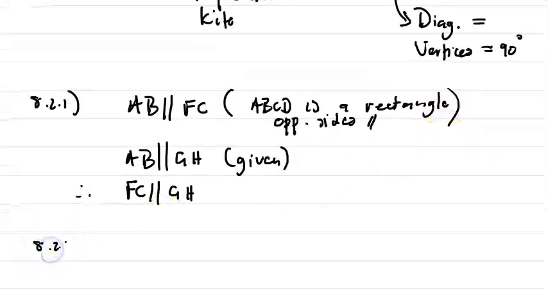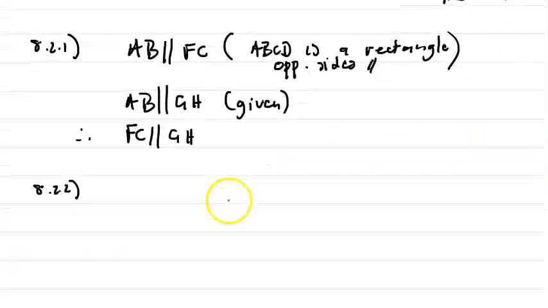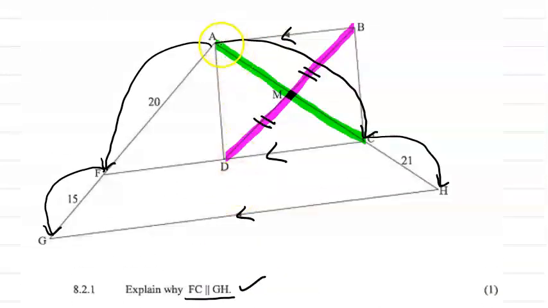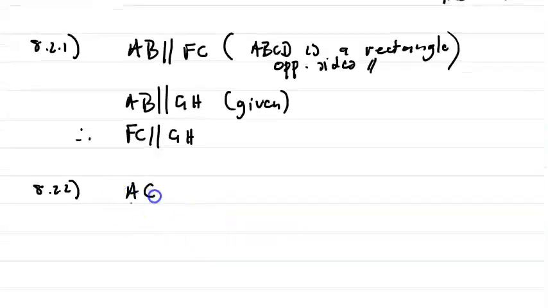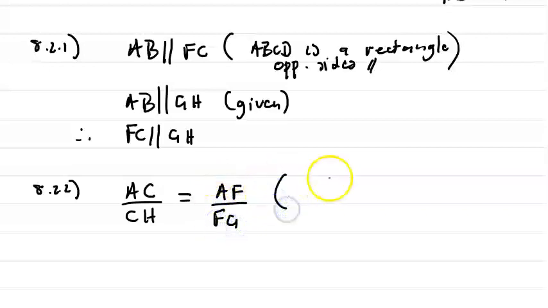So for 8.2.2, our first statement in what we wrote here is AC over CH will equal AF all over FG. That is because FC is parallel to GH.